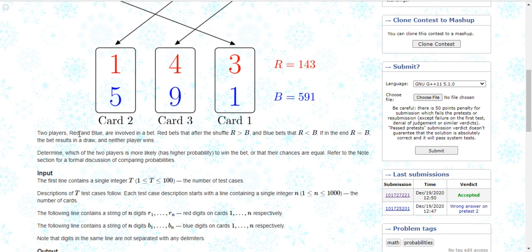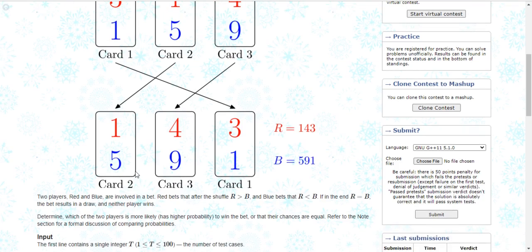Now two players, red and blue, are involved in a bet. Red bets that after the shuffle R is greater than B, and blue bets R is less than B. In the end, if R is equal to B, the bet results in a draw and neither player wins.